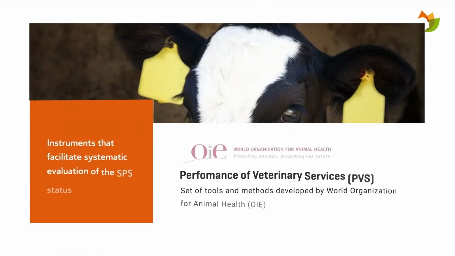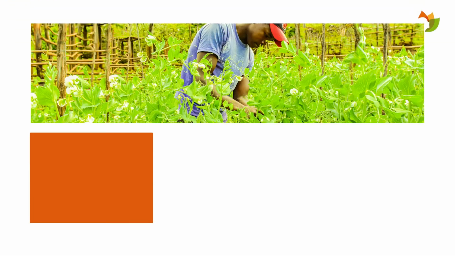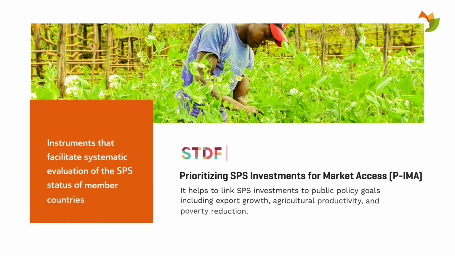There is the Performance of Veterinary Services, PVS, developed by the World Organization for Animal Health. And in addition, there is the STDF's Prioritizing SPS Investments for Market Access, with the acronym PIMA framework. All these are critical in the evaluation of the national SPS systems.